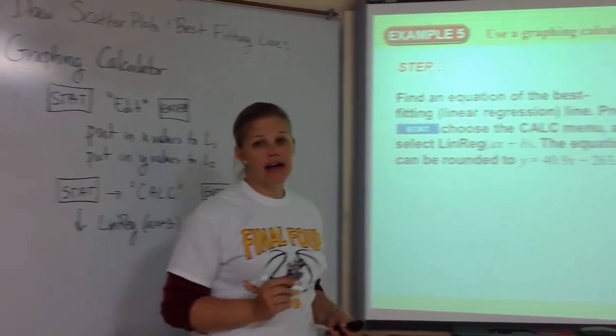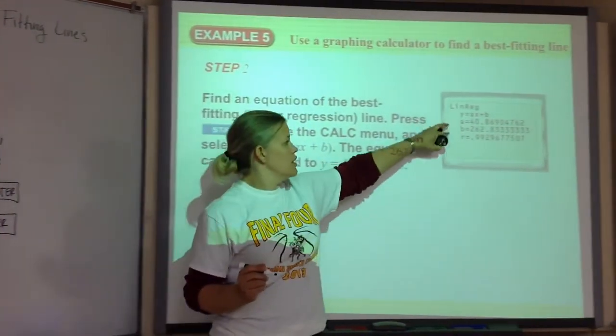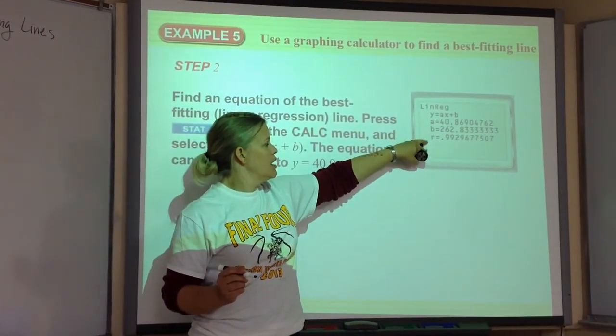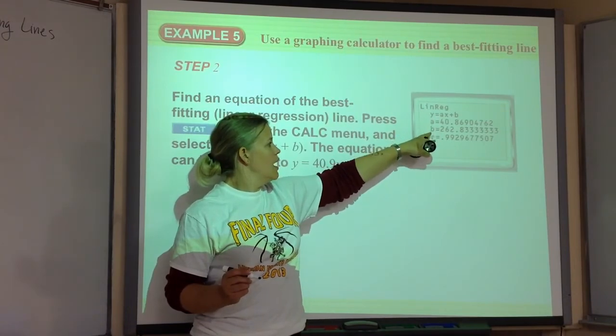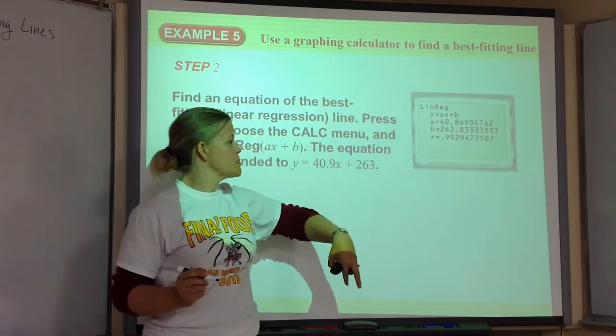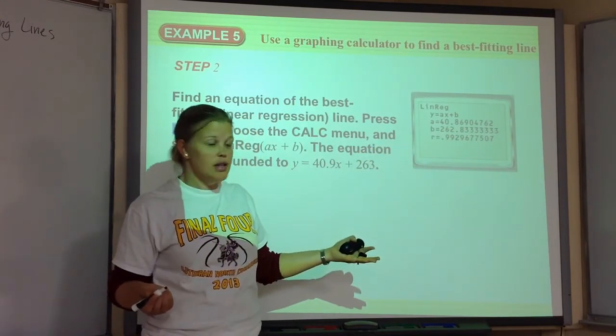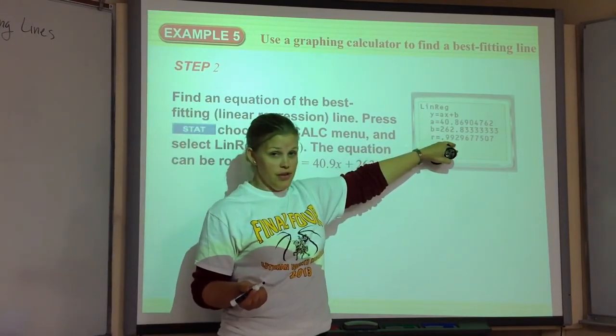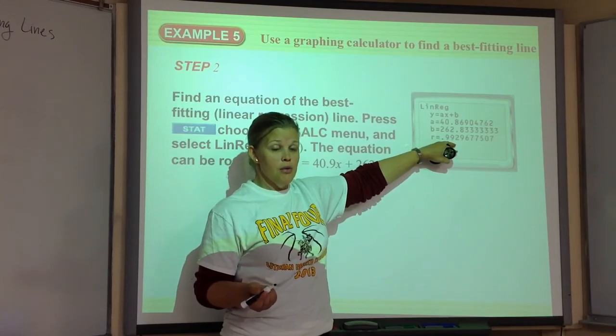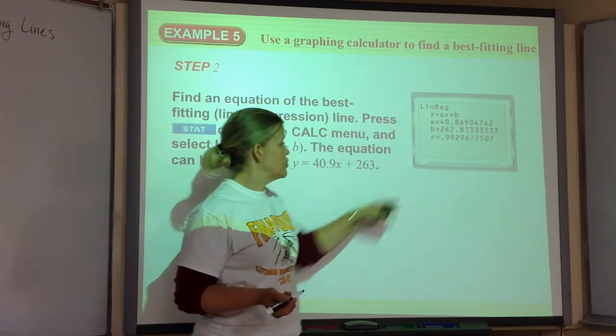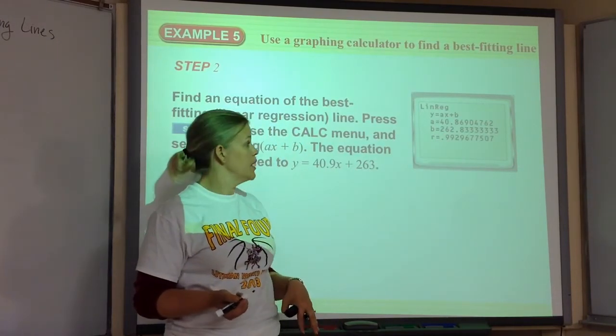When you do that, you should get a screen like this, okay? It'll tell you an A, and it'll tell you a B. And it also, check this out, it gives you an R value. It tells you the correlation coefficient. This was very close to 1, which is why the equation works so well to predict, okay?